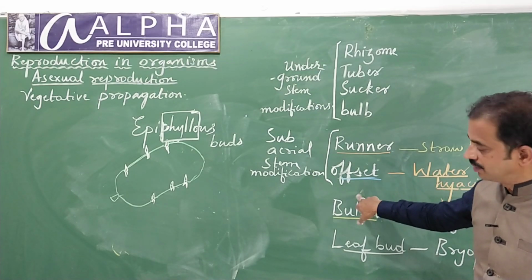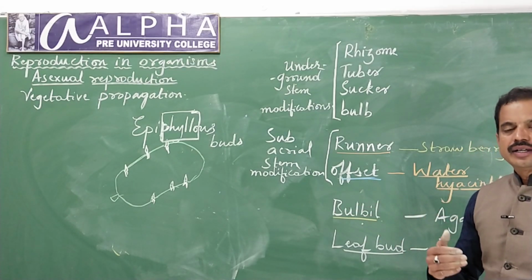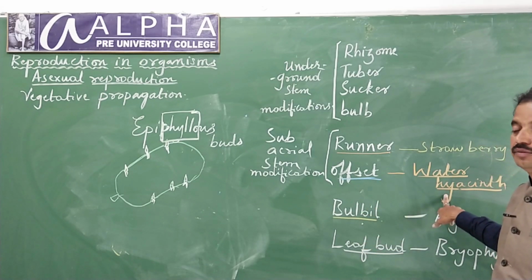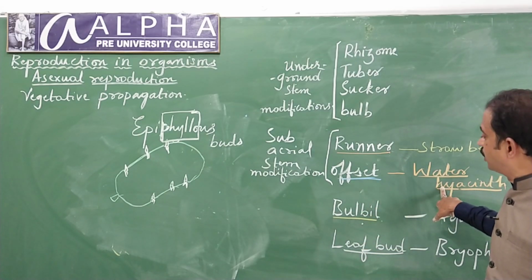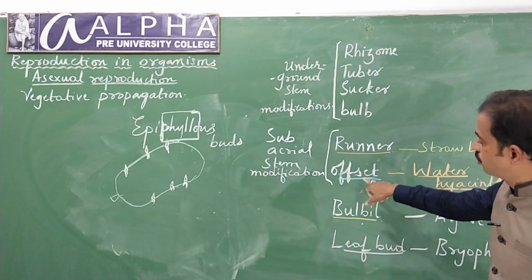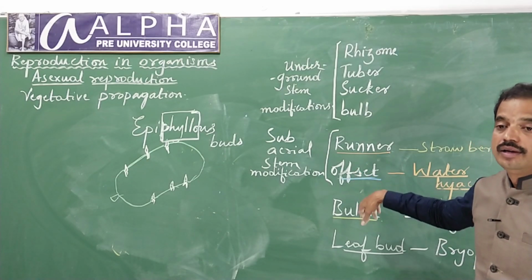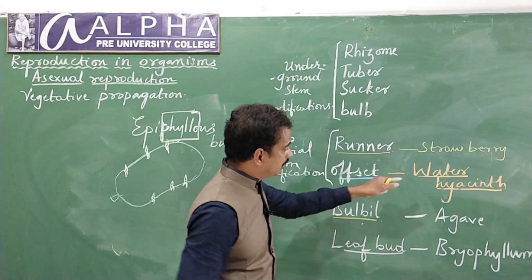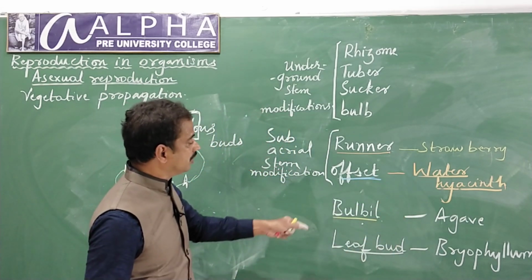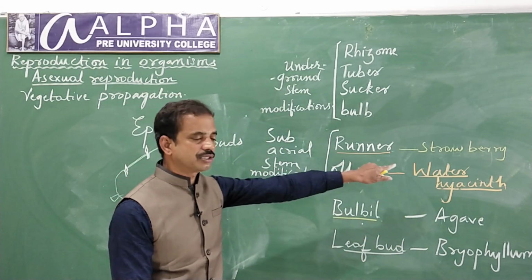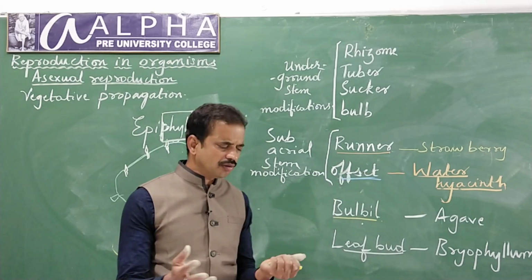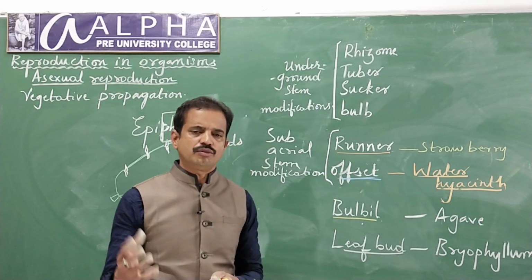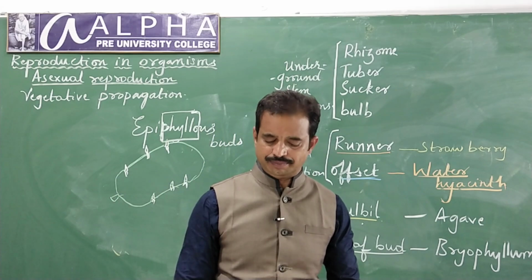Its offset. Give an example of a plant which reproduces with the help of an offset. The answer is water hyacinth. So the questions can be framed in this way, 1 mark questions, you shall be able to answer them.